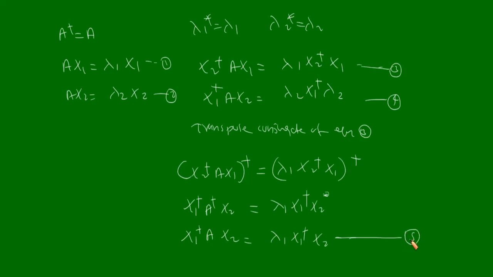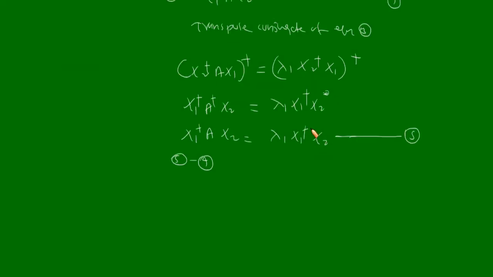Now if I compare equation 5 with 4, then our left hand side is the same, x1 dagger A x2, while on the right we have lambda 1 x1 dagger x2 and lambda 2 x1 dagger x2. Now if I subtract equation 5 minus 4, then x1 dagger A x2 minus x1 dagger A x2 will be equal to 0. Here you will have lambda 1 minus lambda 2 times x1 dagger x2.